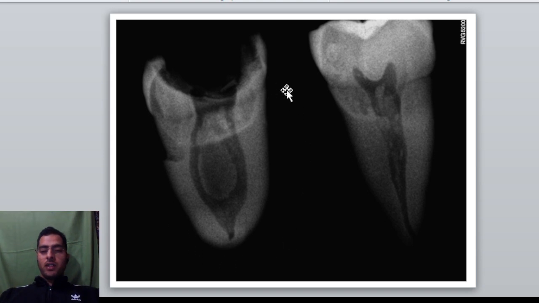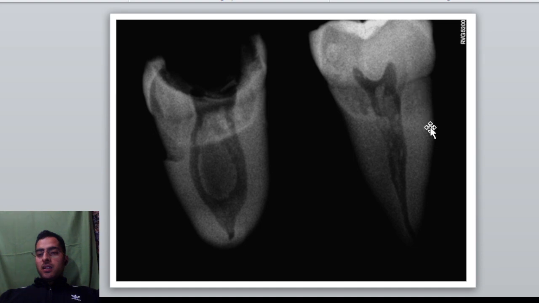So you don't have to fear if after the preparation only one master cone goes to the accurate length or the predetermined working length. If the other cone is not going up to the length, it's not a big deal.